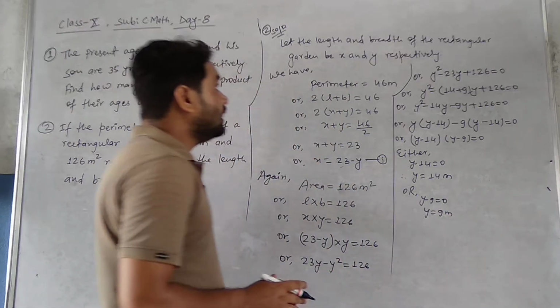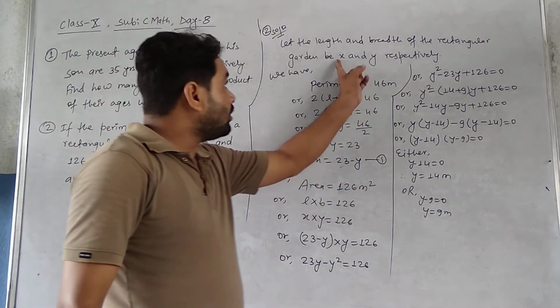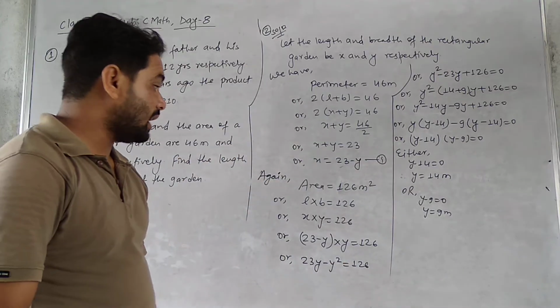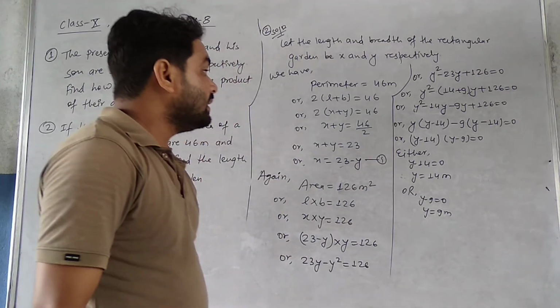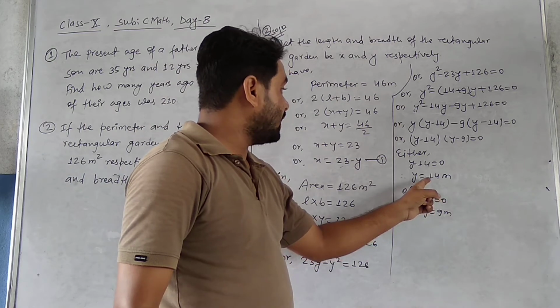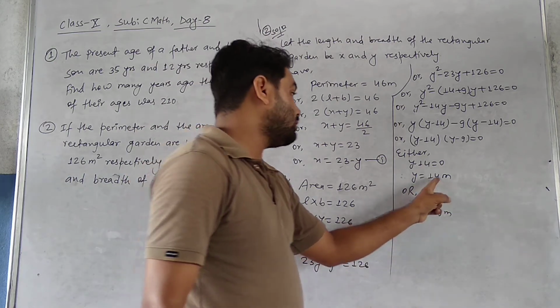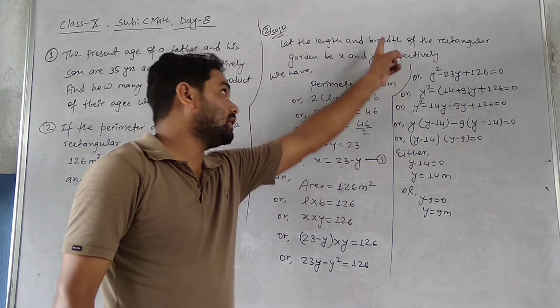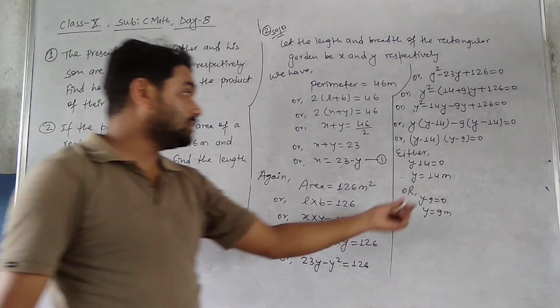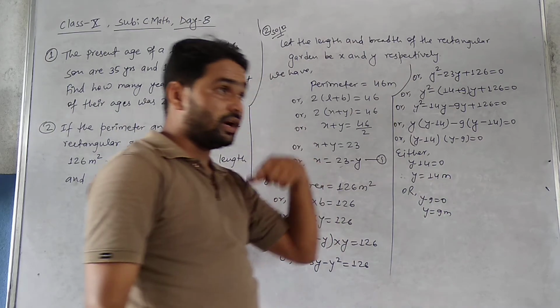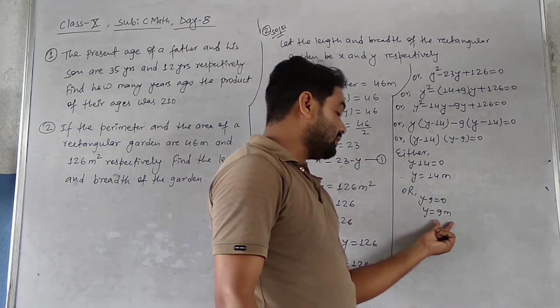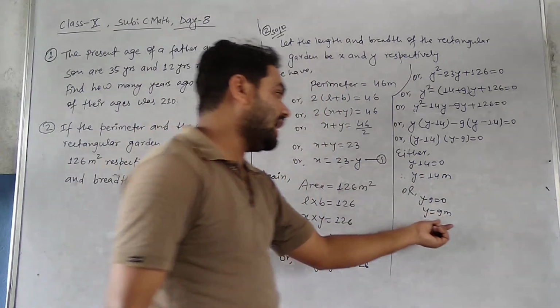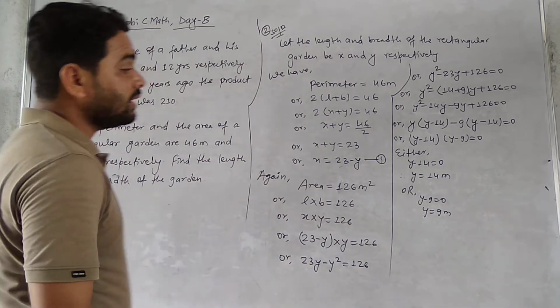Now look, this is the value of length and breadth. That means we get the value of y equals 14, y equals 9. This y is what we supposed to be the breadth. If the breadth is 14 meter, what is the length? If the breadth is 9 meter, then what is the length?